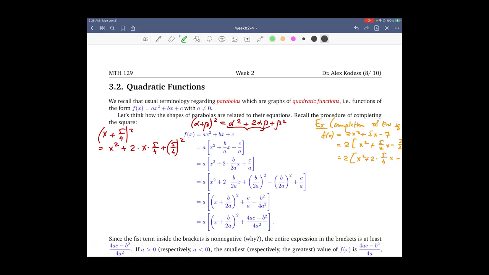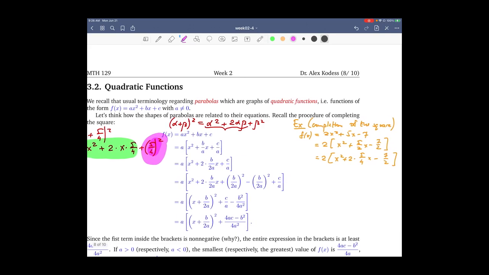Note that the first two terms we already have. The only part that we are missing is the last term. Well, to compensate for the last term, we will subtract it.